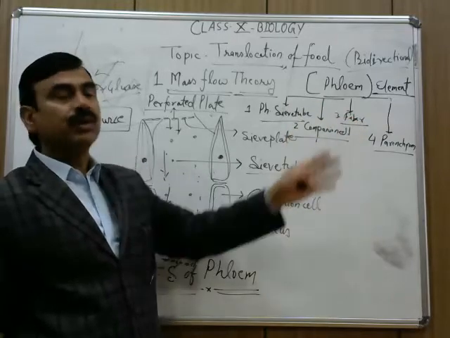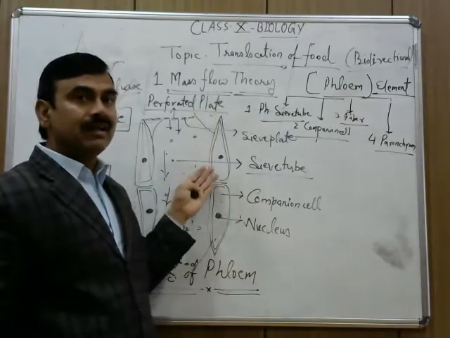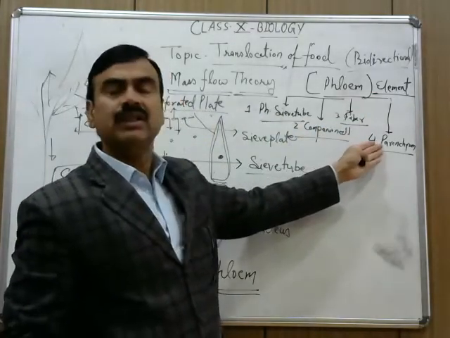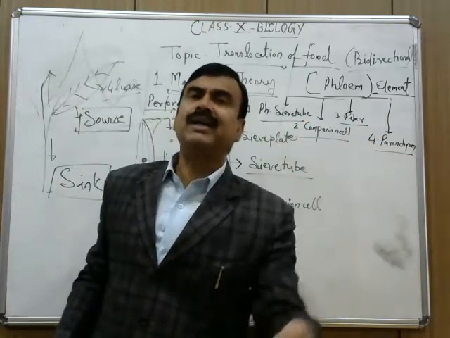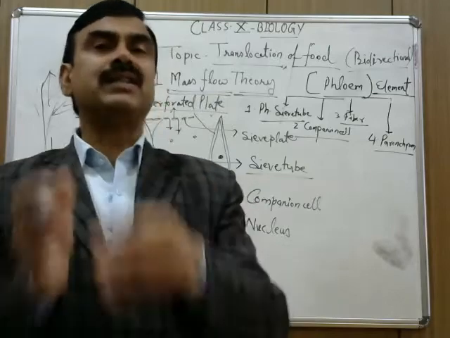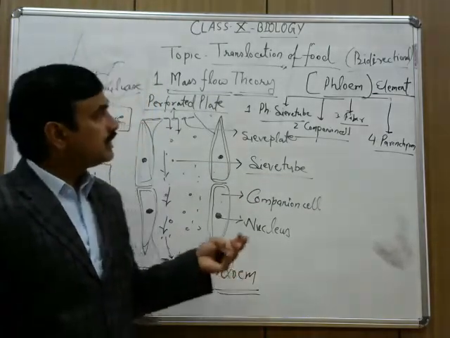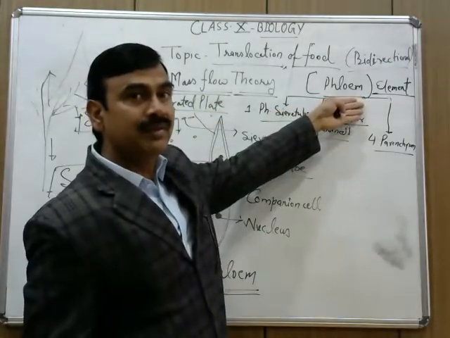Out of these 4, the first 2 tissues are very much involved in the translocation of food, and the 3rd and 4th are not involved. They provide rigidity and strength. So when we start, the first thing is the 4 elements of the phloem.